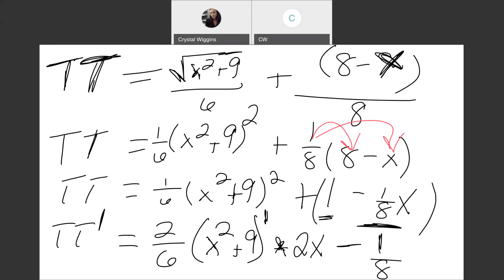Okay, so we have our derivative. And we can reduce this to 1/6. Actually, with the 2 from the derivative of the inside, it becomes 2/12, or 1/6 x. One moment.